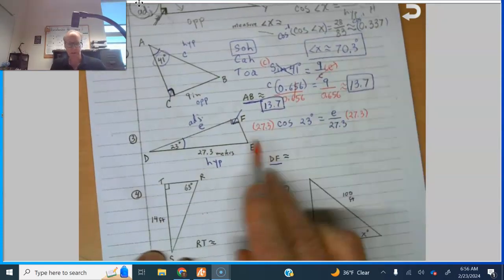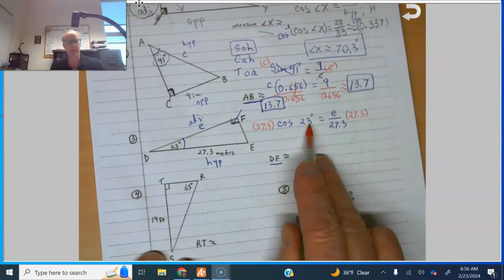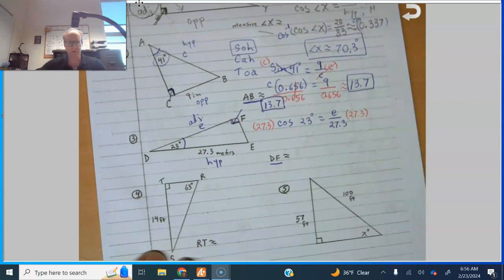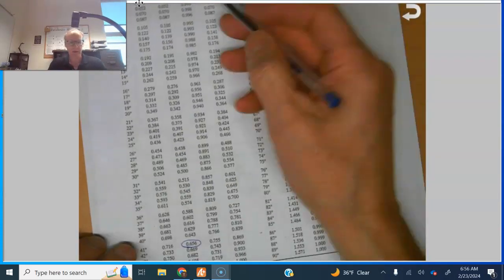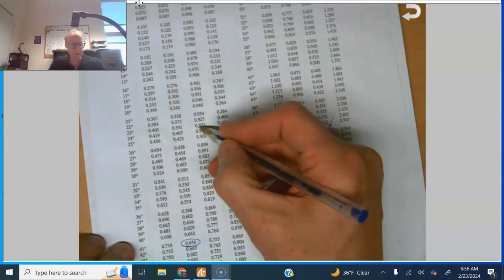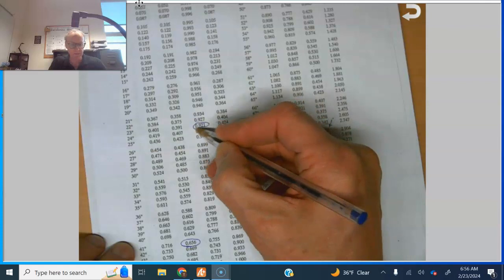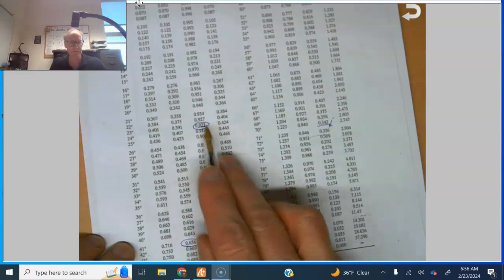This time I'm taking 27.3 and I'm multiplying it by the cosine of 23. I'm going to look up the cosine of 23. I'll do it on the table again. Cosine of 23 degrees is right down here, and it happens to be 0.921. 0.921 is the cosine of 23.